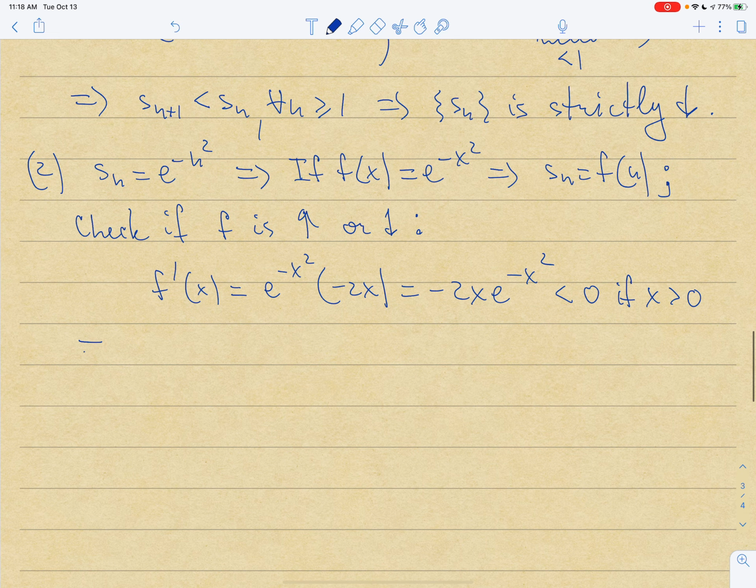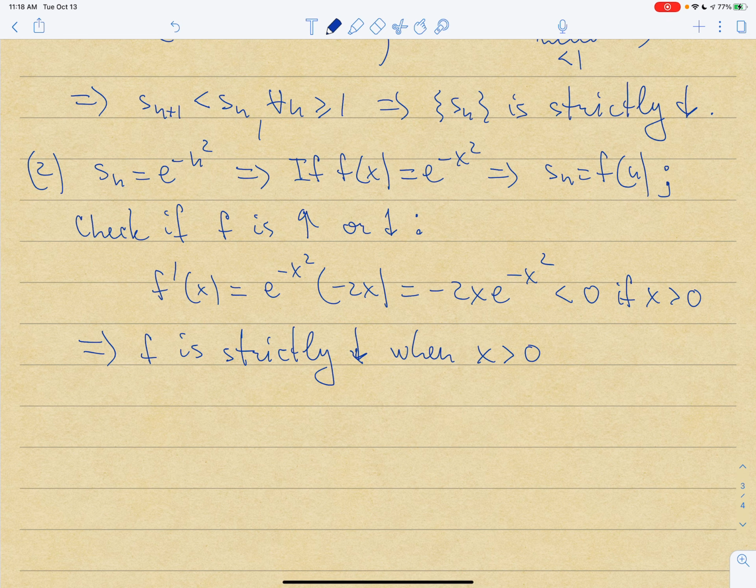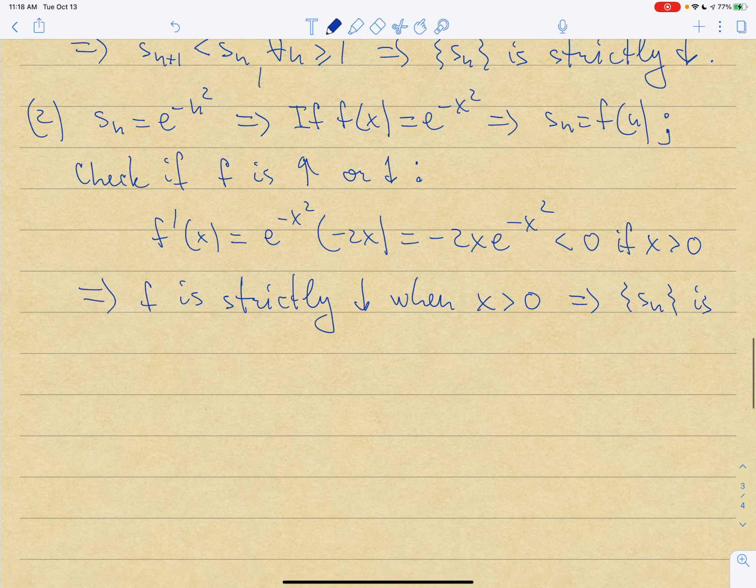And so, because the derivative is negative, it follows that f is strictly decreasing when x is positive, and if a function f is strictly decreasing, again, the discrete values that I take along the graph of this function also must be strictly decreasing. And so Sn is strictly decreasing.